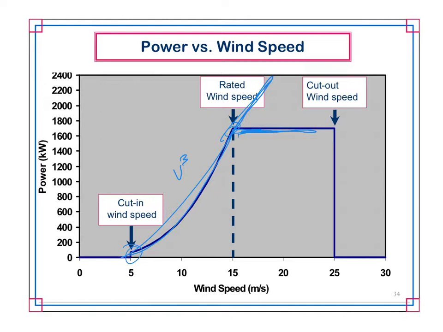You are twisting or turning the blades to not have maximum angle of attack, to shed some of the wind. That continues until this particular unit hits about 25 meters per second. Anything beyond 25 meters per second, you really have to slow the turbine down and stop it for survivability. So you literally have to put the brakes on and lock it in position to prevent it from rotating.